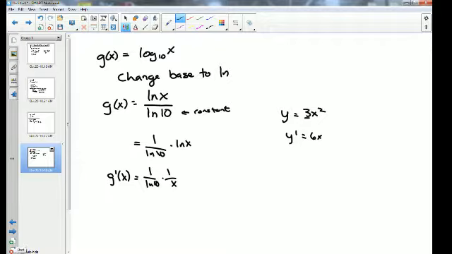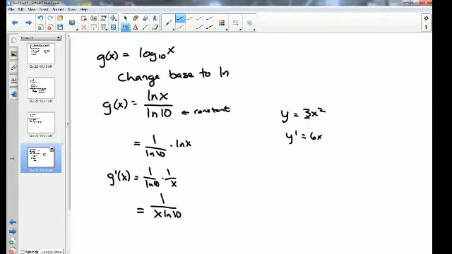That's it, because they're multiplied, we keep the constant there. Then you could simplify that to 1 over natural log 10 times x. This is how it's usually written, with the 10 out front, just to make sure the x and the 10 are not in there together.